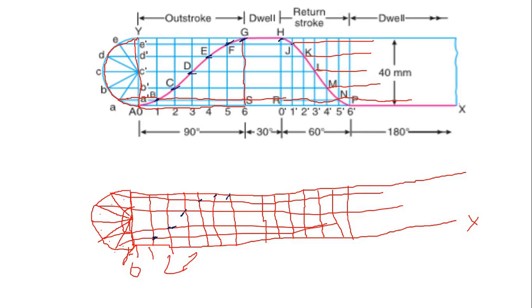J is cut here, this 2 dash is cut at K, 3 dash at L, 4 dash at M, 5 dash at N, and 6 dash at P.